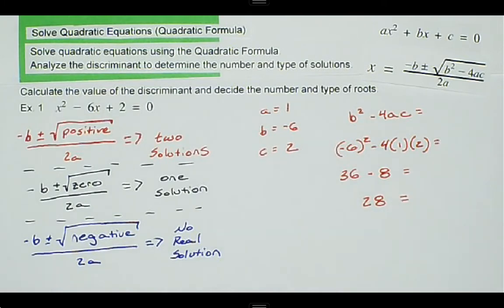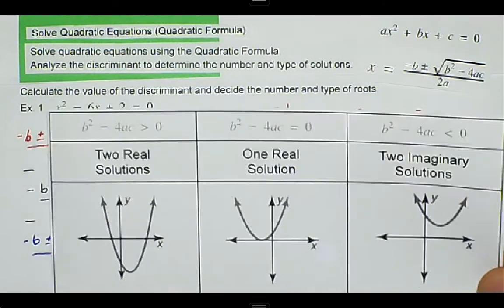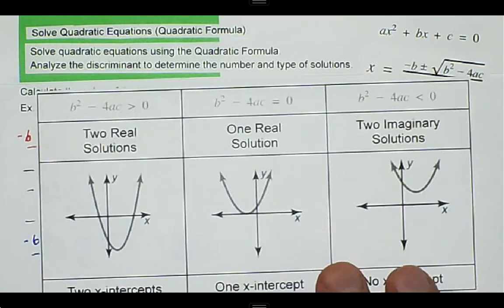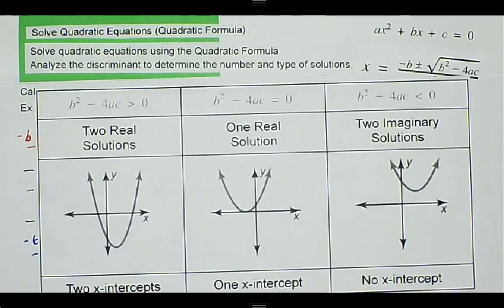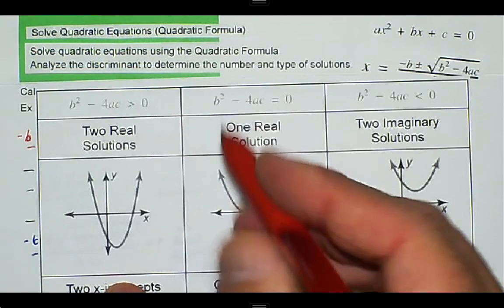So if we're looking at the directions here, it says calculate the value of the discriminant and describe the number and types of roots. So we're just looking at this, and we have a value of 28. We have 3 possible options here. We can have a value that is greater than 0, that would be positive.